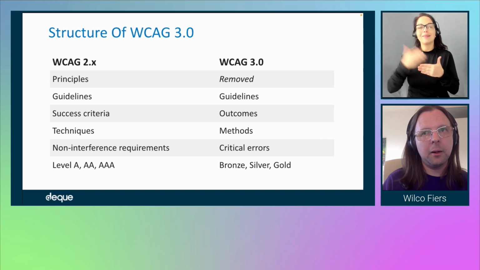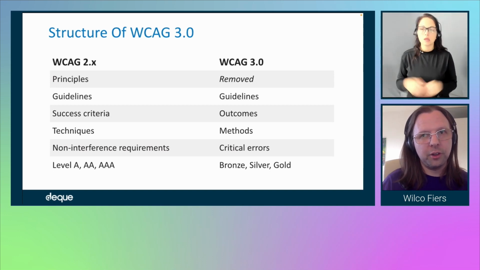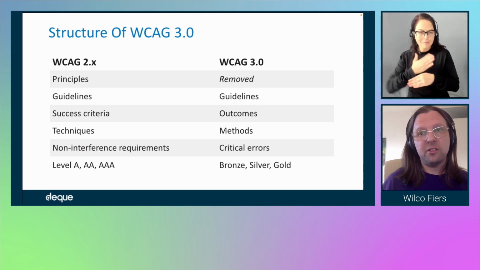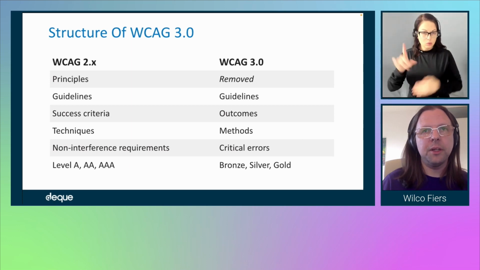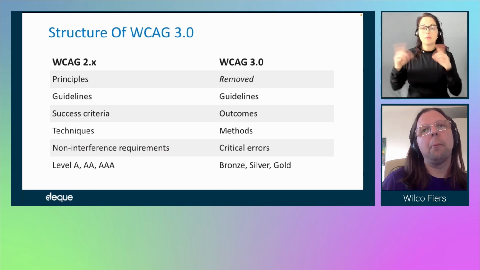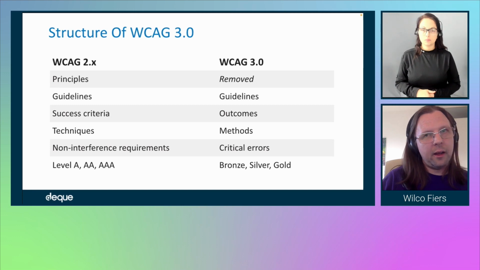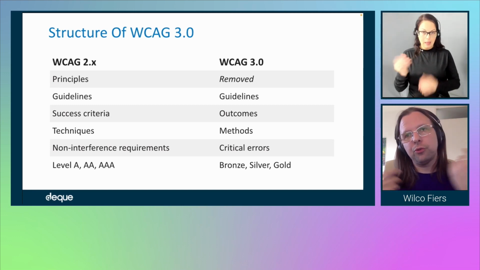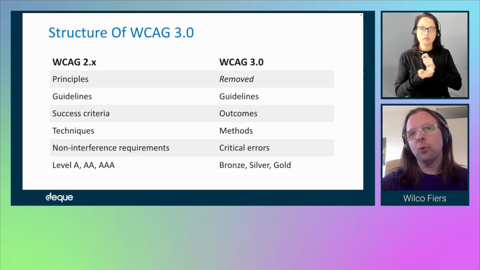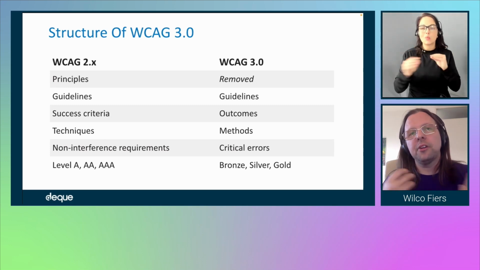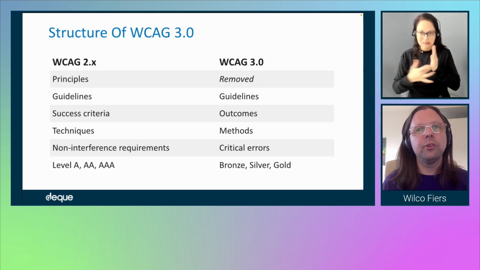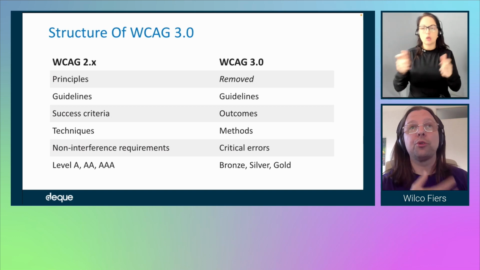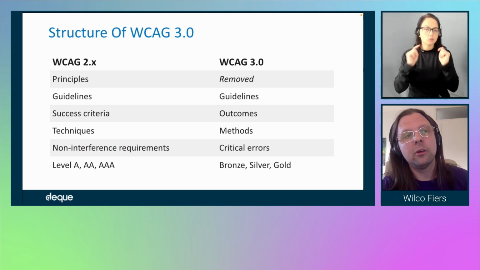What does this thing mean for a person using my website? What does this person need? What needs to be accomplished. And then techniques have been transformed into methods, and methods are more encompassing. They're broader, they're bigger, they're more prescriptive, they're more of a tutorial as well.